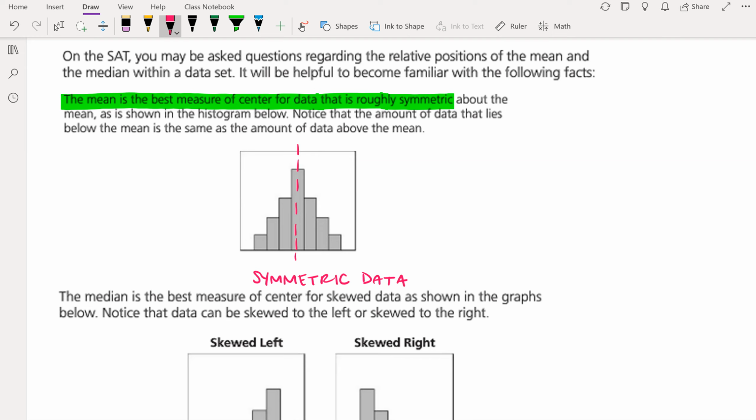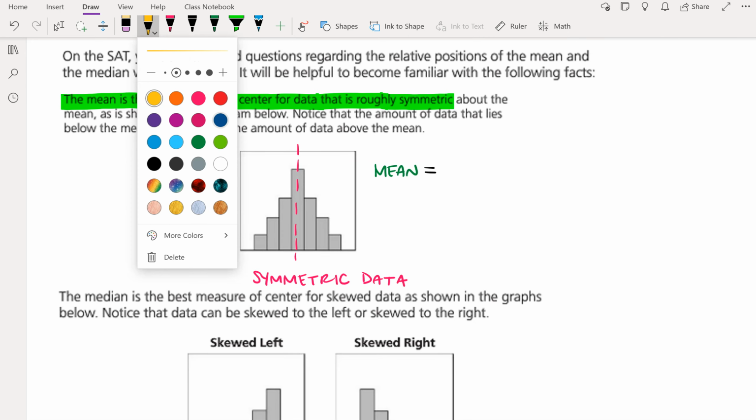And this is what's super important about symmetric data. For symmetric data, the mean is equal to the median. So let's write that down. For symmetric data, the mean equals, and then we'll do the median in, how about blue?